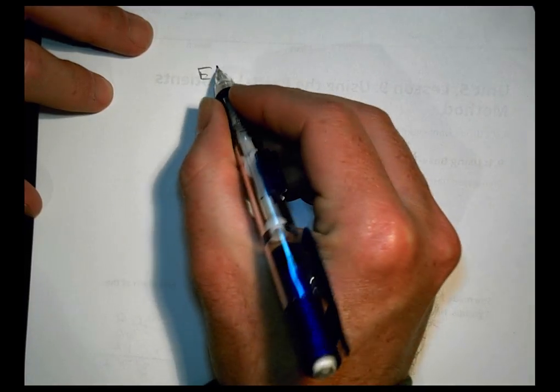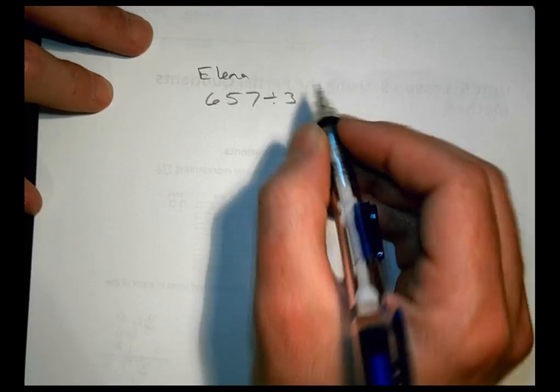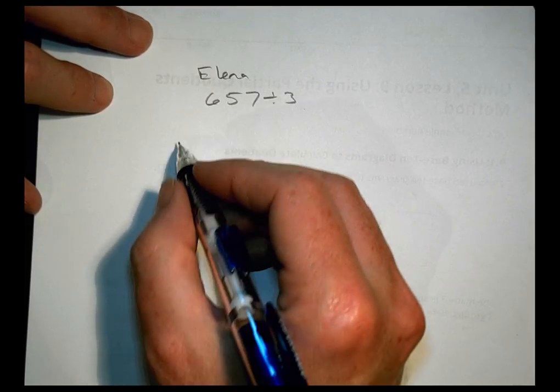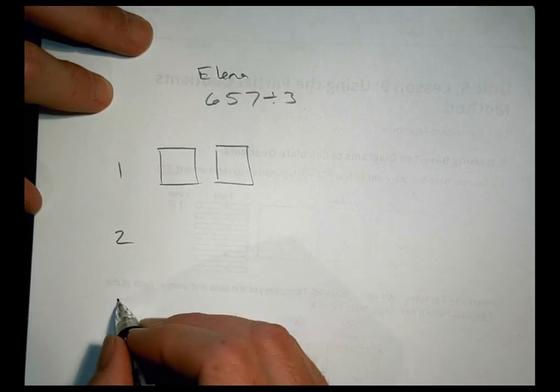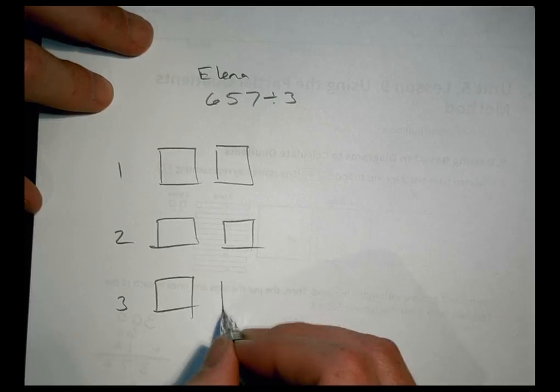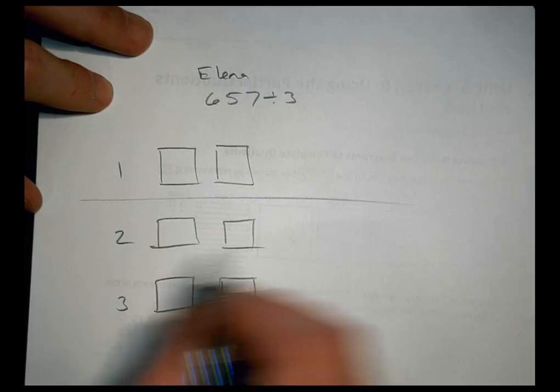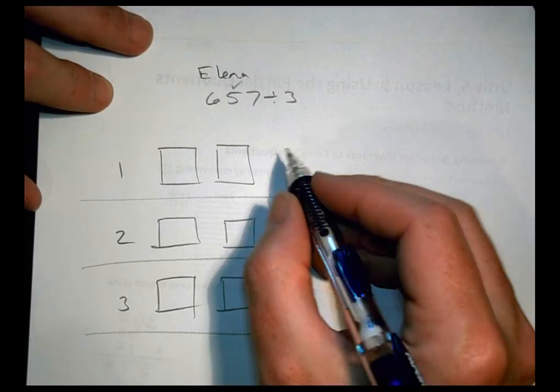So what would Elena have done? Elena, if she had 657 divided by 3, would have taken the 600s and would have said everybody gets 100 blocks, 1, 2, and 3. So that's good there. There's the 100 blocks there. Okay. And then she would have taken the 10s and said, okay, cool.